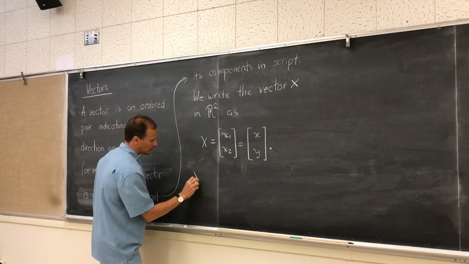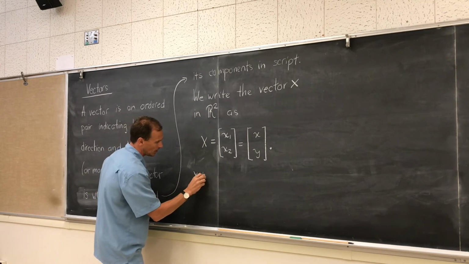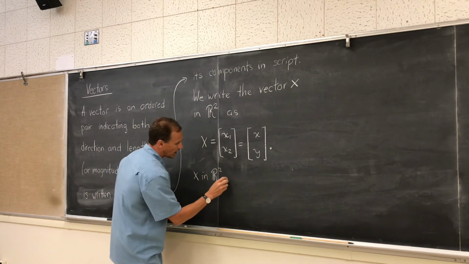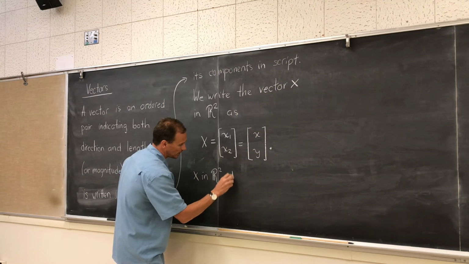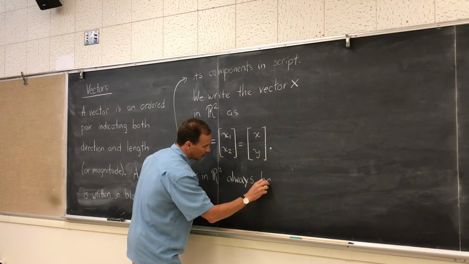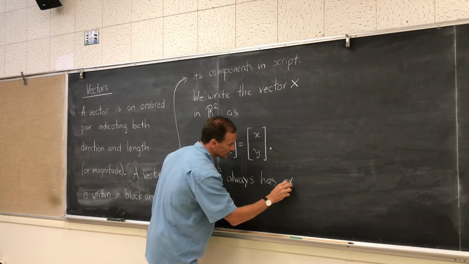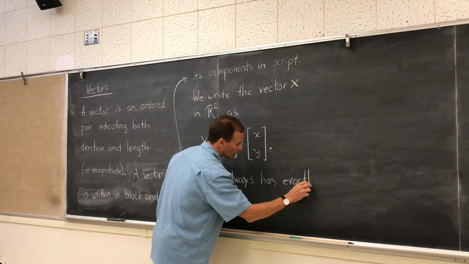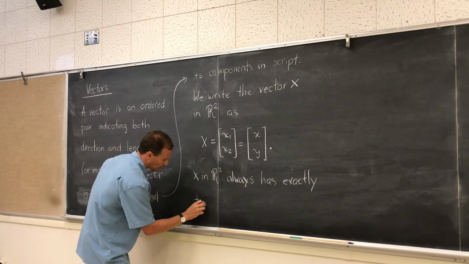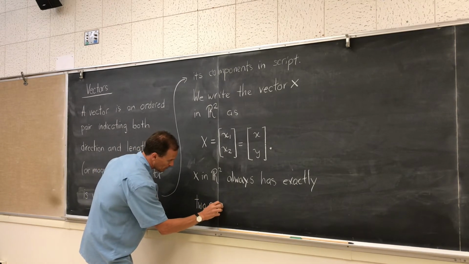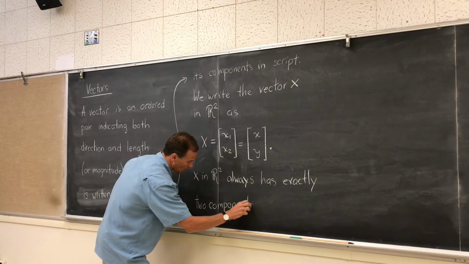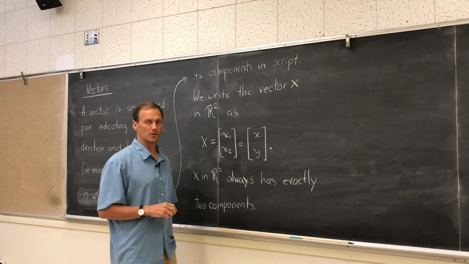Also, x in R2 always has exactly two components. Let's use two more examples.